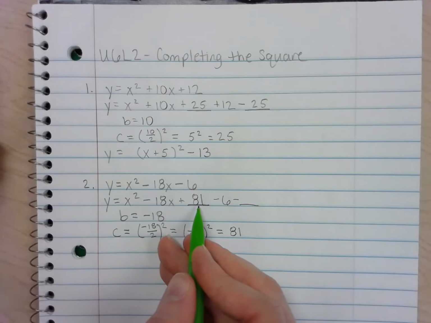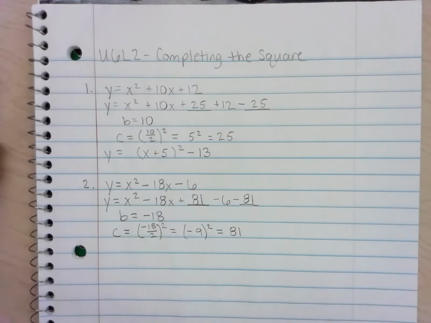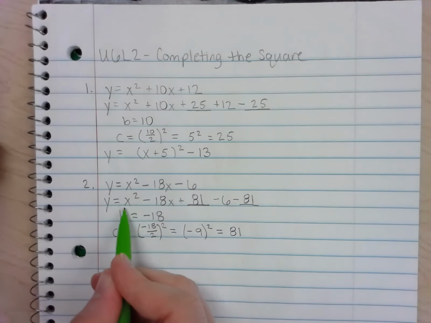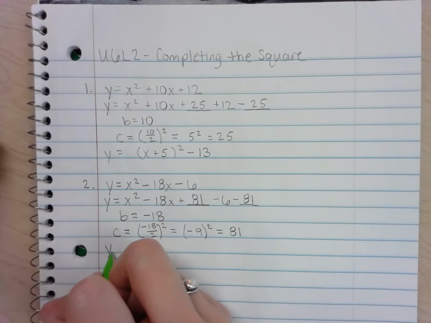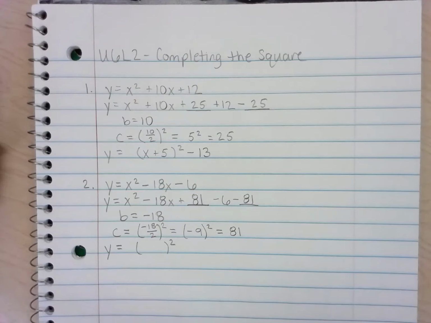When you add it here, you'll need to subtract it from the original c value, again, to keep it equal and balanced. So that first 3 terms is factorable now that it's a perfect square trinomial. It will factor as one parentheses squared.